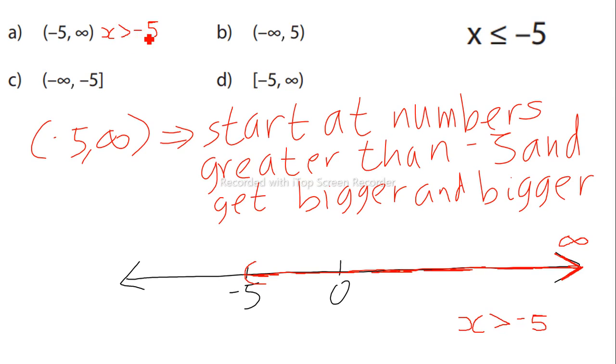Okay. And next up, we are going to do which one? B, C, or D?